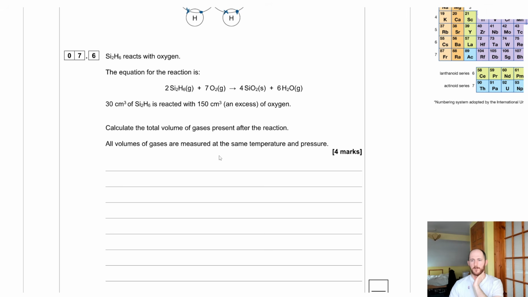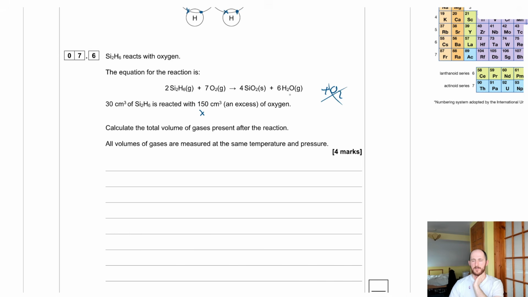Okay. So first of all, it tells me it's 30 centimeters cubed of this with 150 centimeters cubed of this. What would it produce? Well, the problem is this, it's an excess. So this number is not really the one we want, because that's an excess. It means that on this other side, there's actually going to be a bunch of oxygen left over.